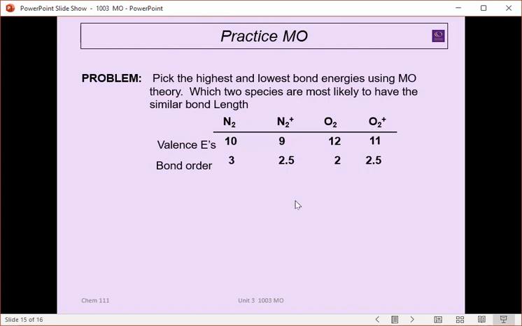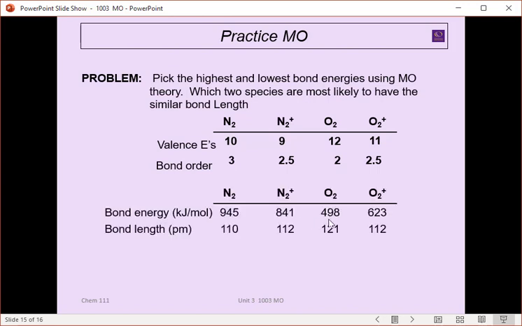And now when I actually get the data from a table that says we've measured the bond strength and we've measured the bond length, you can see that indeed this is true. The high bond strength is associated with the high bond order, followed by the 2.5s being next in line. Now they don't agree exactly, and that has to do with the fact that the splitting diagrams are a little different, but they do fit in order of high to low.